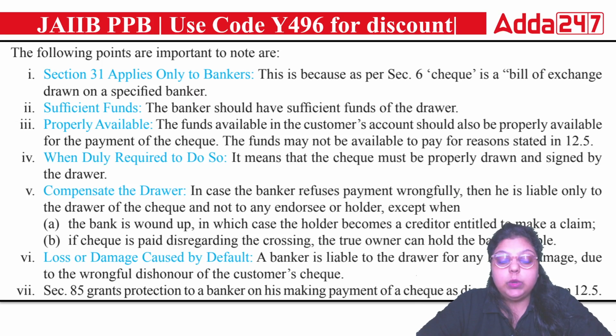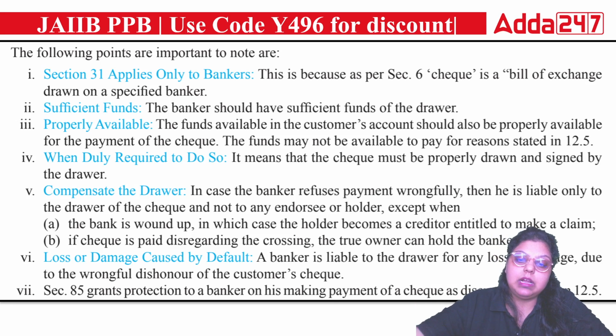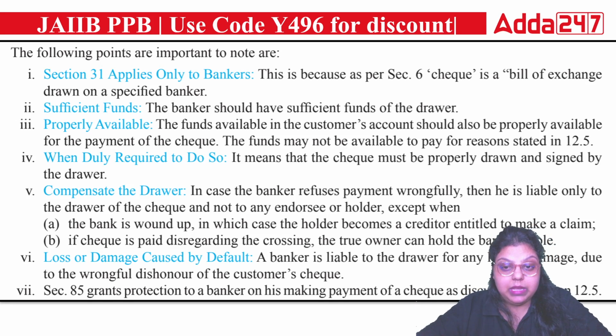Now, when duly required to do so, it means that the check must be properly drawn and signed by the drawer. Also, to compensate the drawer, in case the banker refuses the payment wrongfully, the banker is liable only to the drawer of the check and not to any endorsee or holder. If the bank is wound up, in which case the holder becomes a creditor entitled to make a claim.